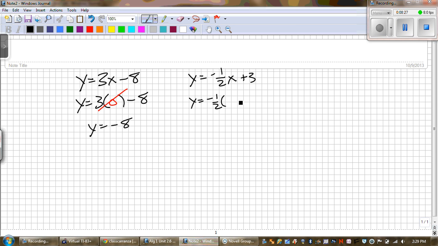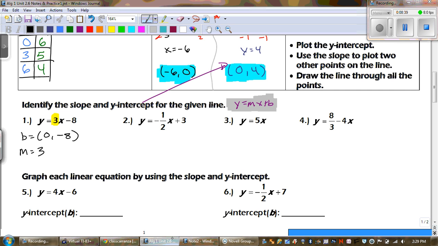So -1/2 times 0 plus 3. Well, 1/2 times 0 is 0, so we get 3. So our y-intercept is (0, 3). And then remember our slope is whatever is attached to the x, so -1/2.